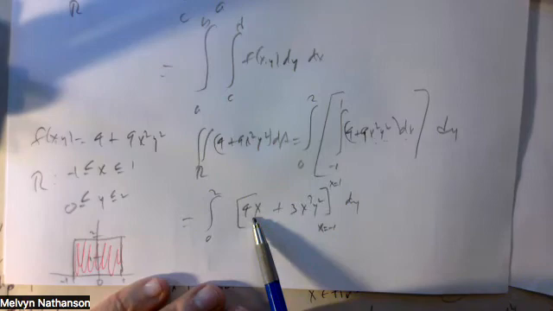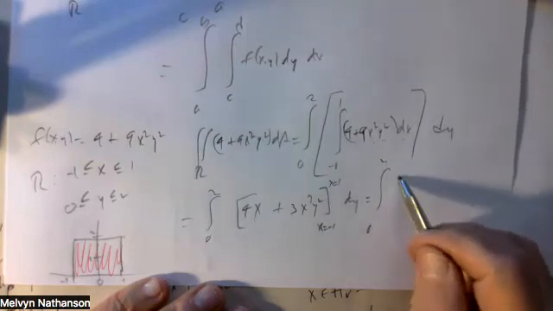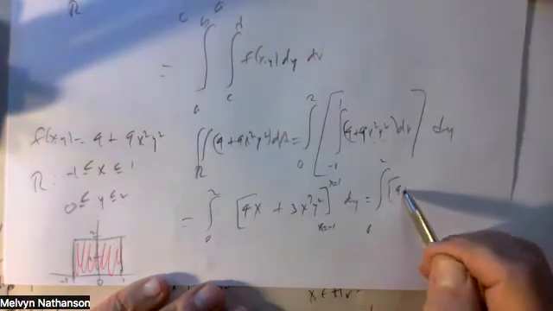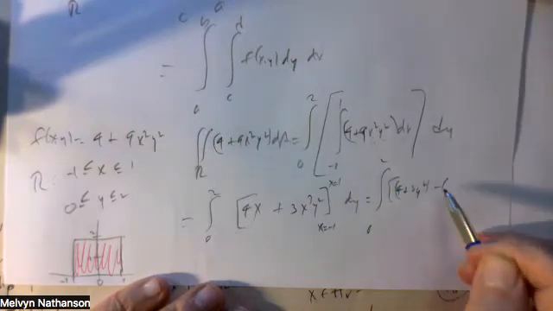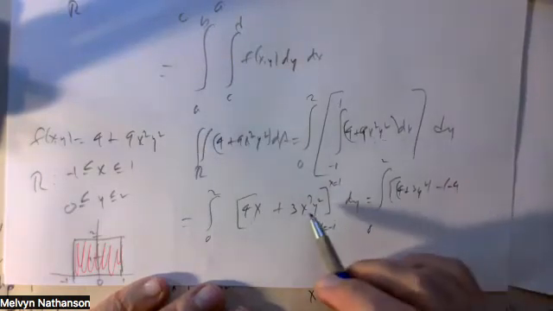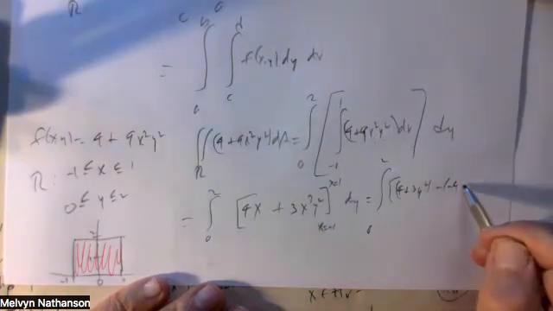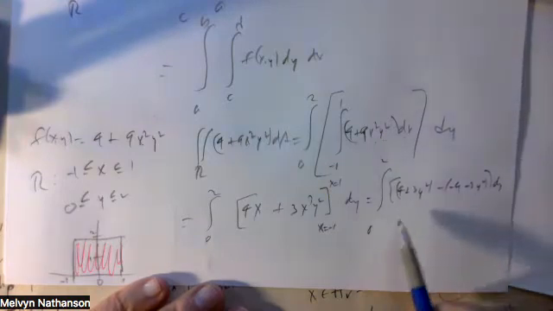So let me just write this out. This is the integral from 0 to 2. When x is 1, I get 4 plus 3y squared. And when x is -1, I get -4, since -1 cubed is -1, minus 3y squared, dy.